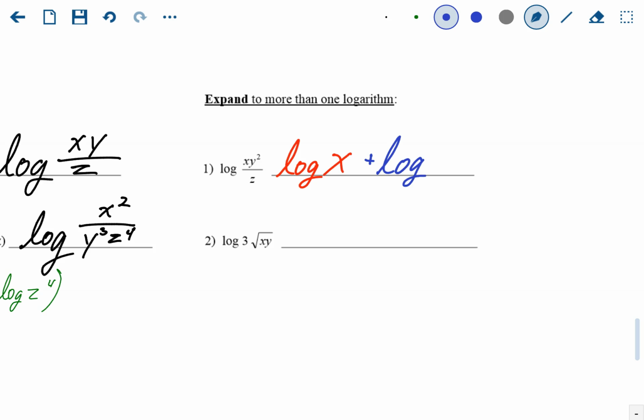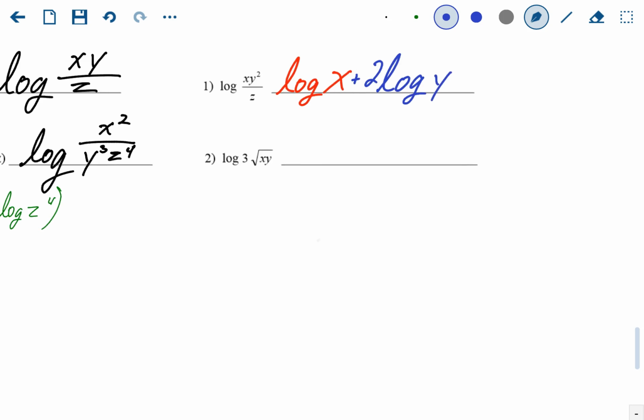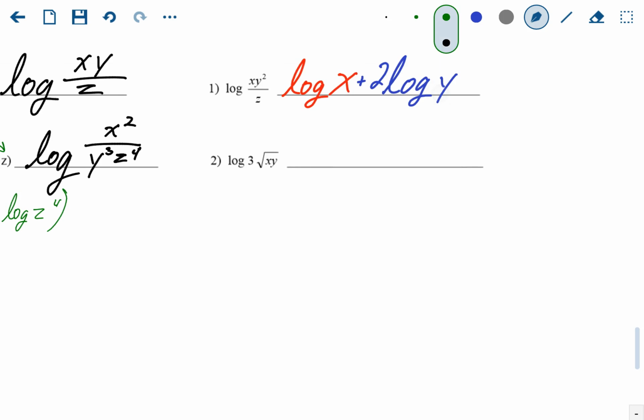But be careful first. You have y squared. Anything with an exponent is going to go in front. So really, instead of log y squared, we're going to have 2 log y. And then the last one is dividing by z. So since it's dividing, it's on the bottom, we're going to have a minus log z.